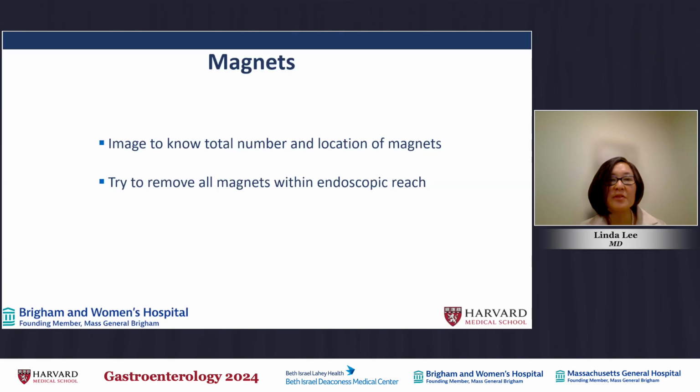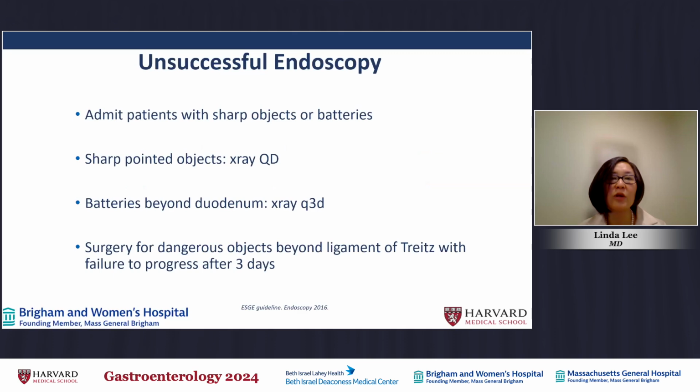For magnets, you want to image the patient so that you know the total number and location of the magnets because you want to try to remove all the magnets that are within reach of your scopes. Now, if you are not successful with endoscopy, you do want to admit patients with sharp objects or batteries because bad complications can happen with those folks, and do daily x-rays for patients with sharp pointed objects.